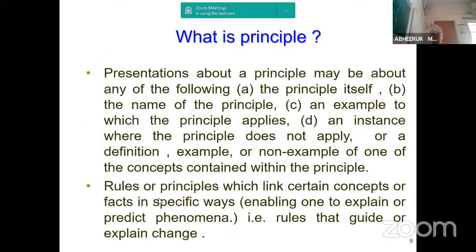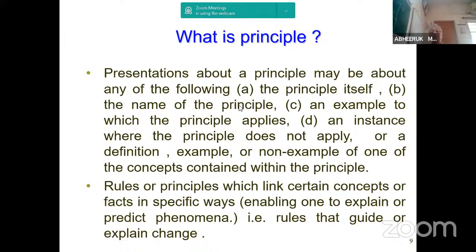Okay, so these are in general principles. When you present any principle, first you tell the principle itself, what the principle is, and you explain it.